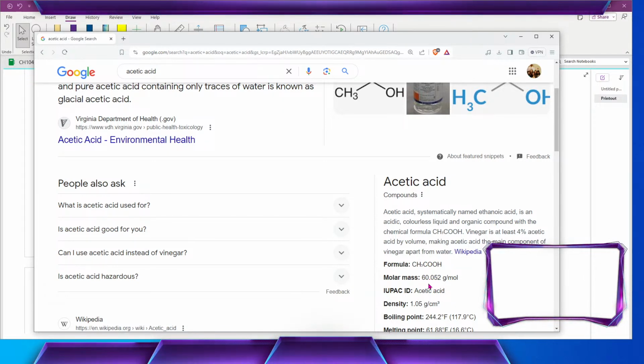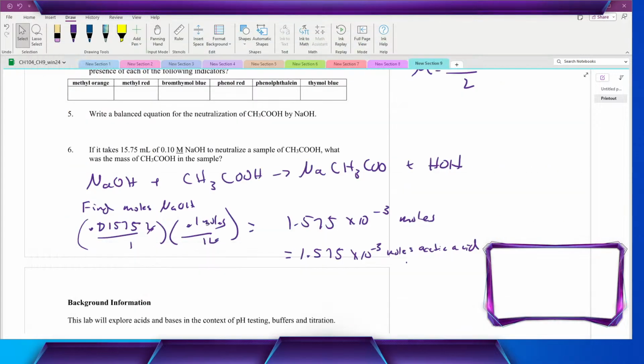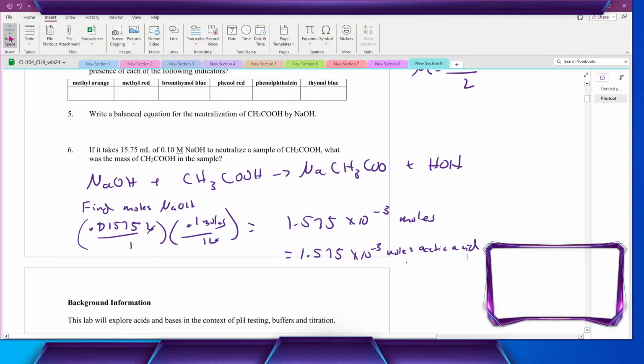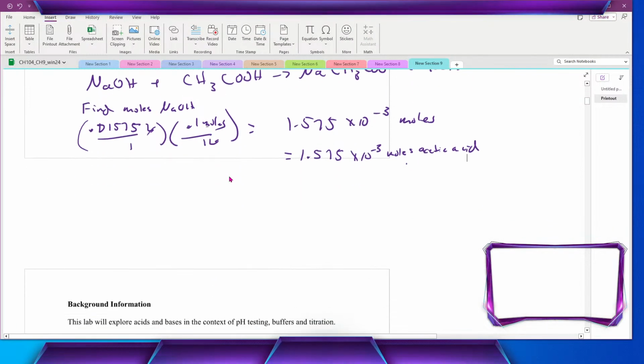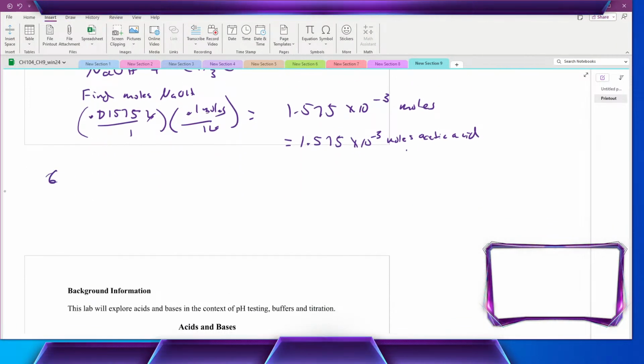So 60.052 grams per mole. And so that's our, again, molecular weight of acetic acid.